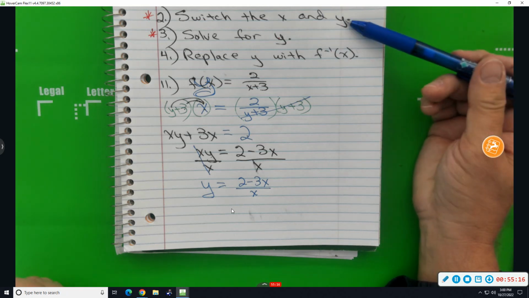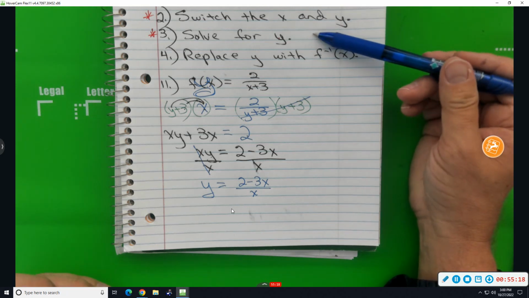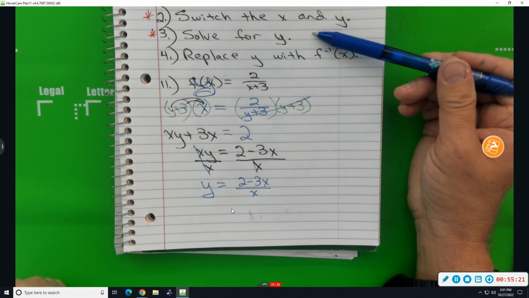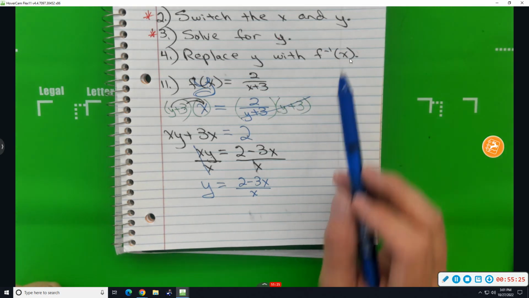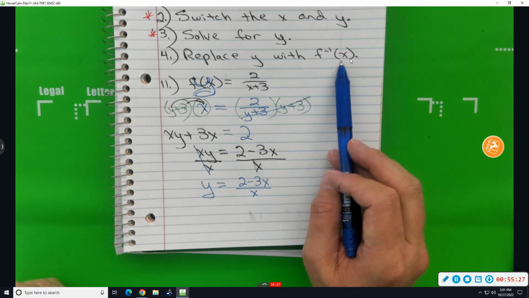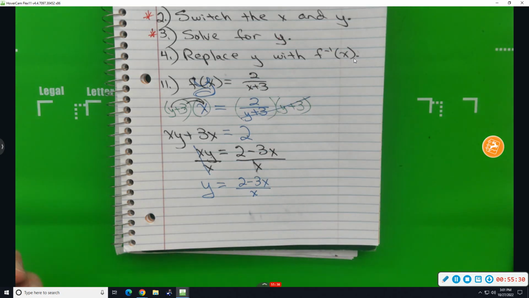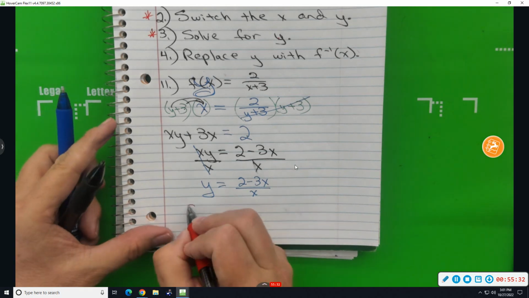So we switch the x and y, we solve for y. The last thing is to replace y, getting it back into function notation, with f inverse of x. That's not really required. You'll see why in a moment.